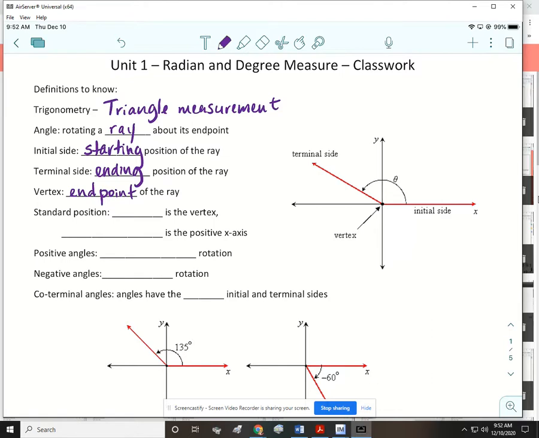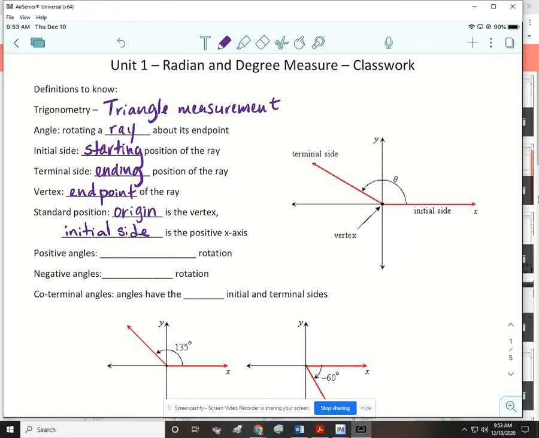Right, an angle is considered to be in standard position if the origin is the vertex and the initial side is the positive x-axis. Right, so when we're thinking about these angles, most of the time that's what we're thinking.